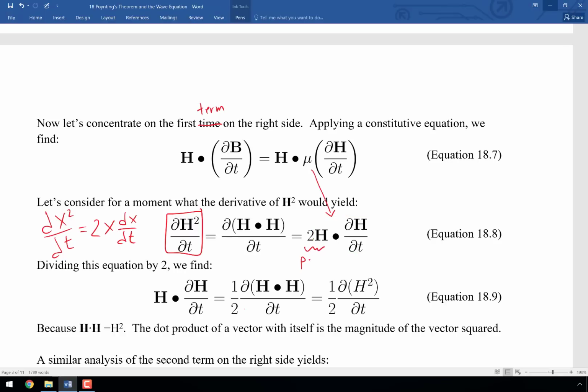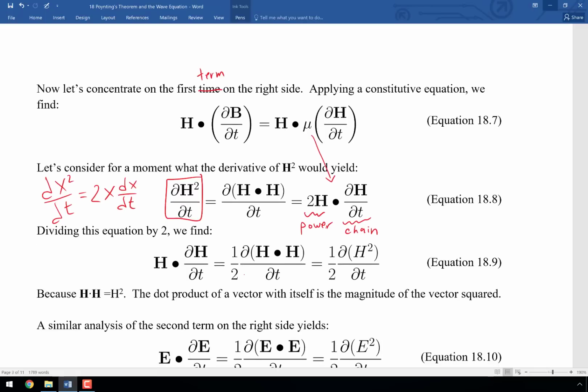This came from the power rule, and this came from the chain rule. So if you wanted to take the derivative of H squared with respect to t, you have a 2H times dH/dt. Although these are vectors, it's still the same idea.